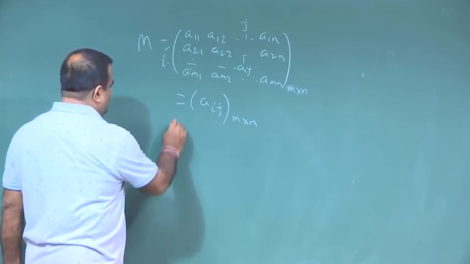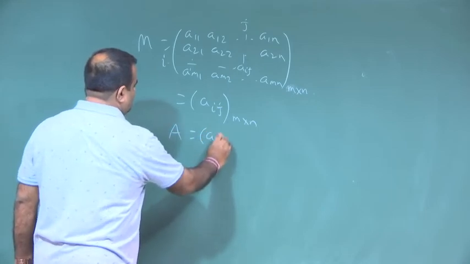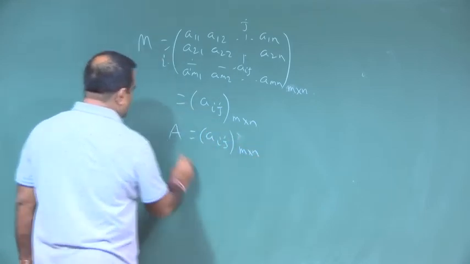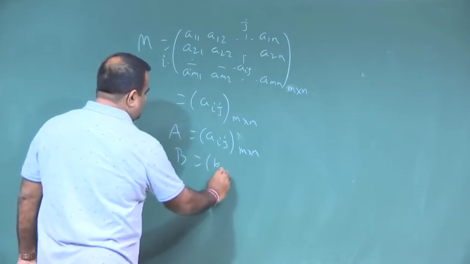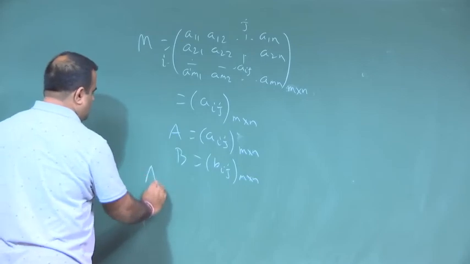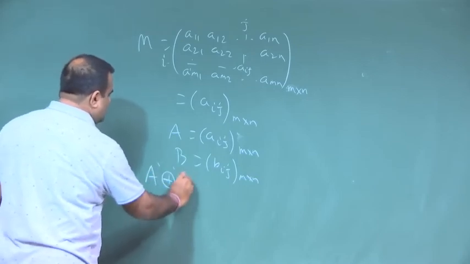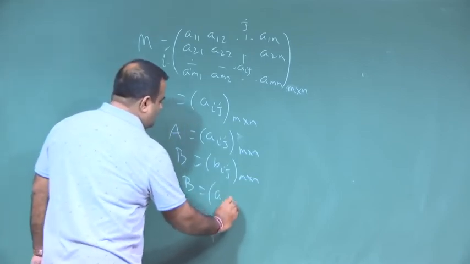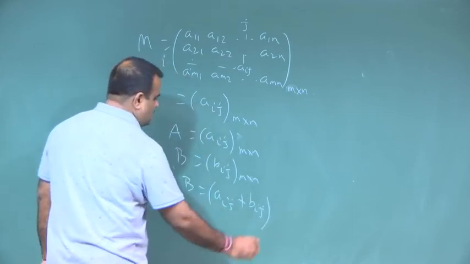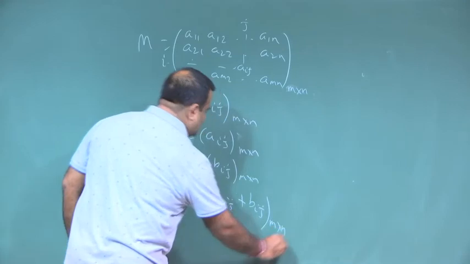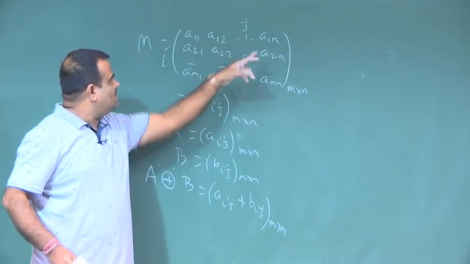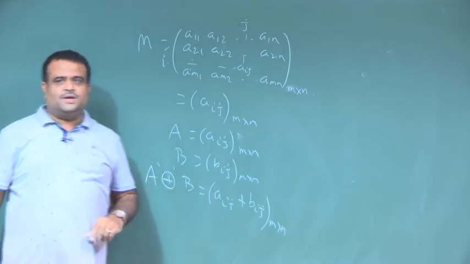If we have two matrices A and B of the same size, then the matrix sum is basically the corresponding Aij plus Bij. This is the matrix addition we know: we add the corresponding elements, and it forms a matrix.